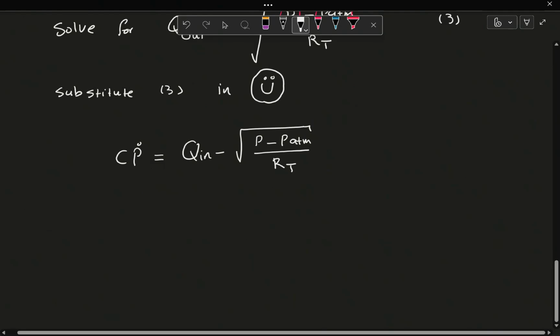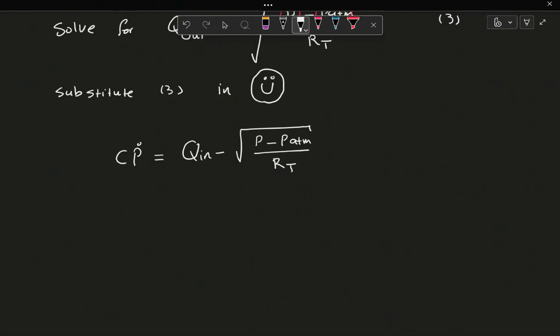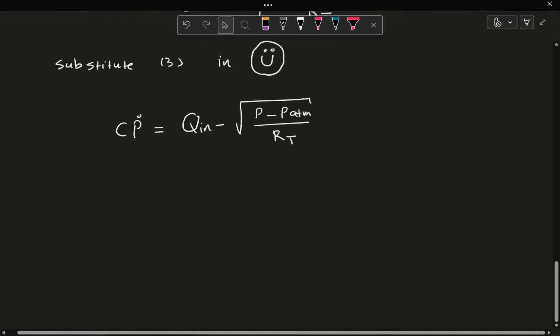Okay, and for this problem you can get rid of the square root and bring it to the other side, and keep all the inputs on one side and all the dynamic variables on the other side. However, since it's a nonlinear equation, I'm just going to keep it as it is.